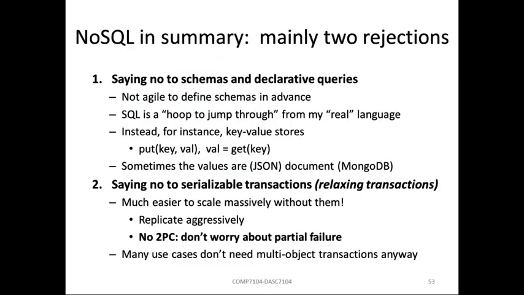And in summary, we can say that NoSQL systems are basically the exponents of two main rejections, two main key differences with respect to relational database systems: saying no to predefined structures, predefined schemas, and declarative languages such as SQL, which allow users to formulate complex queries over the data.